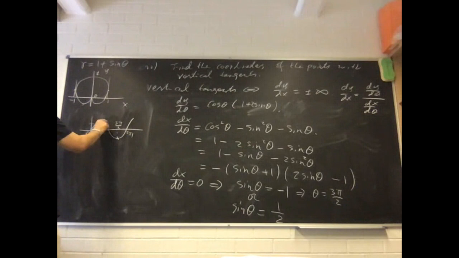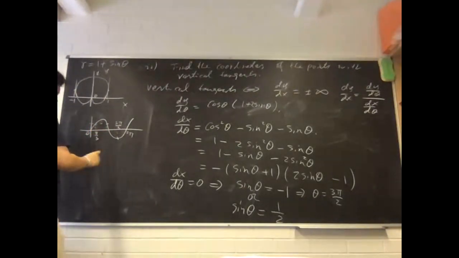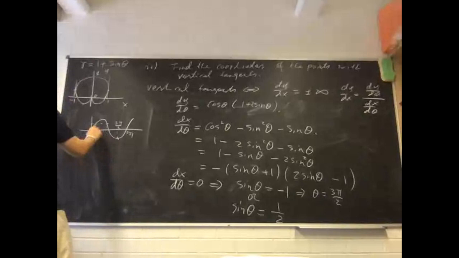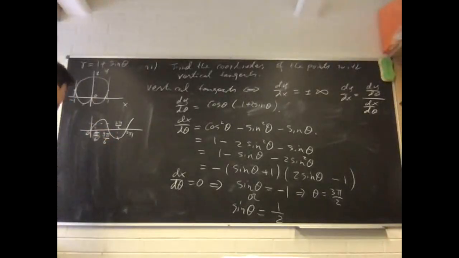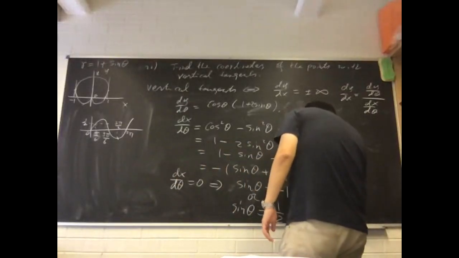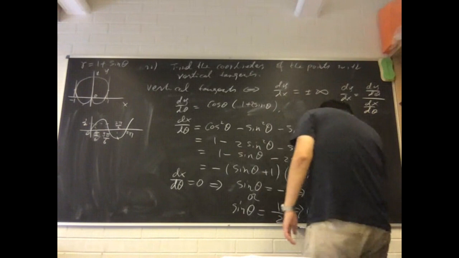It's 1/2 in 2 places. That's pi over 3. No, not pi over 3, pi over 6, rather. That's where sine is a half: pi over 6 and 5 pi over 6. So I got 3 possible places. So theta is pi over 6, or theta is 5 pi over 6.